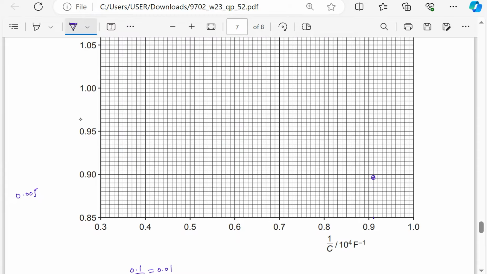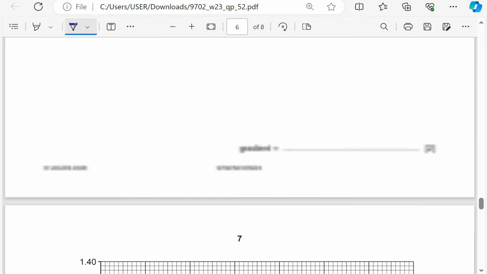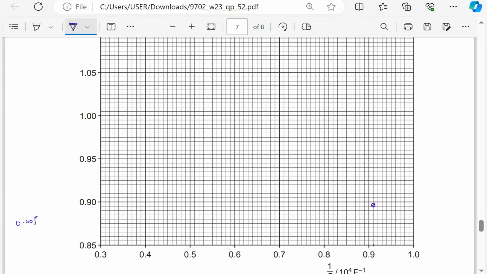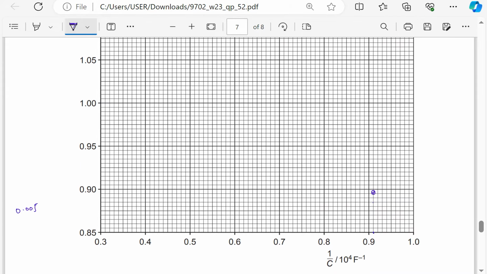Okay. The next point on the x-axis is 0.76, on the y-axis is 1.012. So 0.76 is 1, 2, 3, 4, 5, 6.